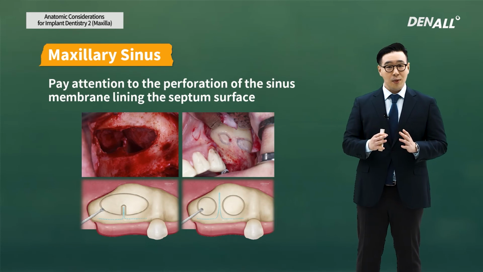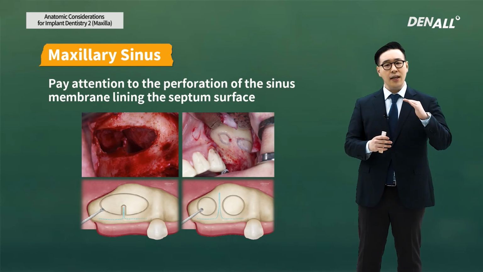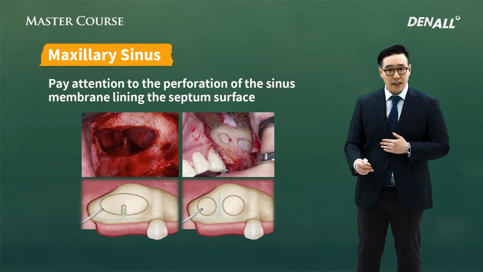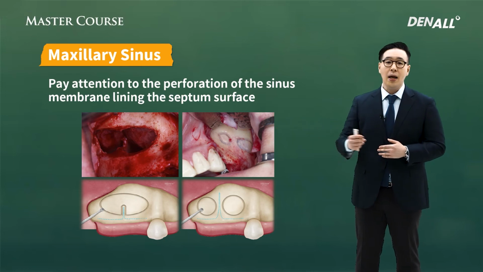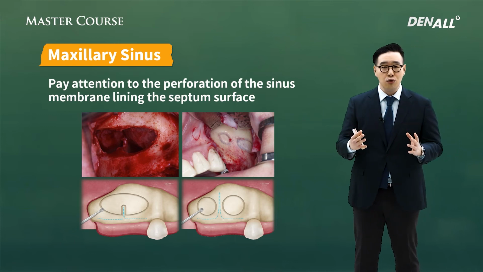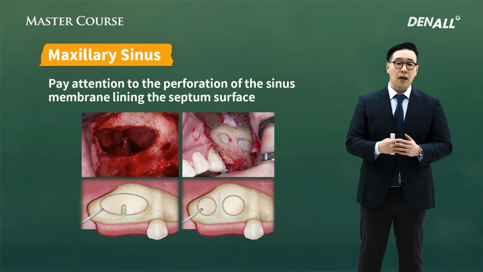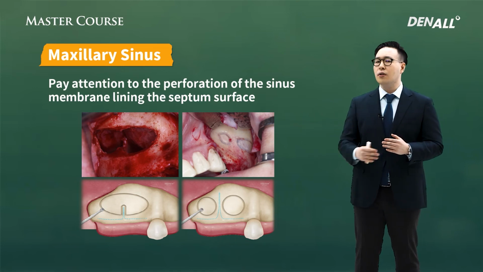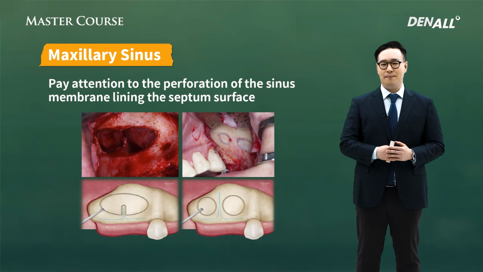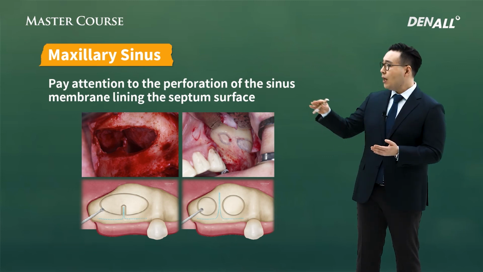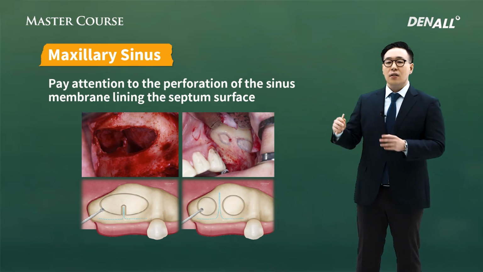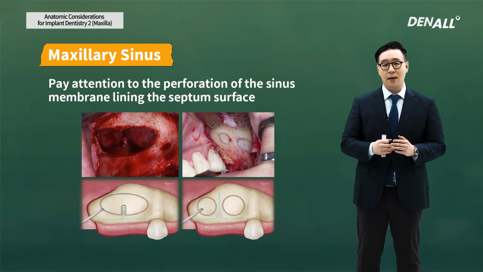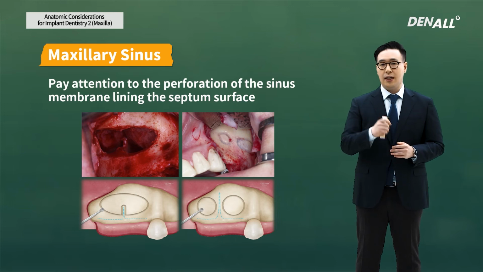Hence, when planning to place an implant, if the septum's height is lower than the implant apex, like on the left, having one wide window, isolating the septum and doing full sinus membrane elevation would be easier. But if the septum height is high, it's better to have two windows and a separate sinus membrane elevation. That would be easier.